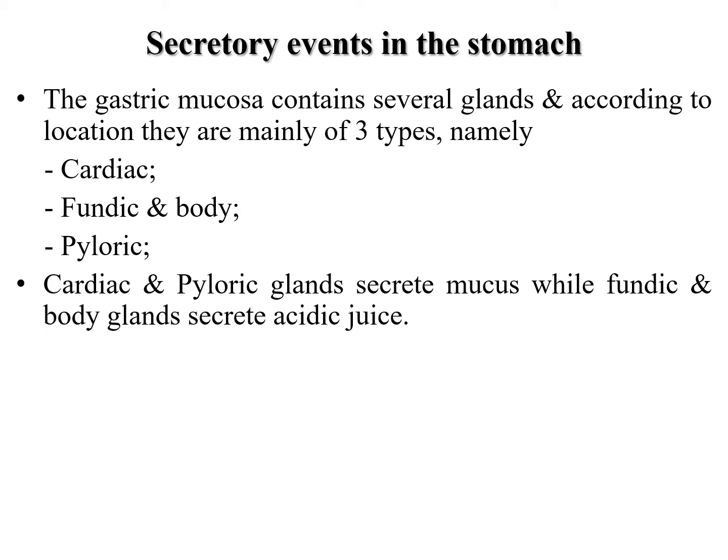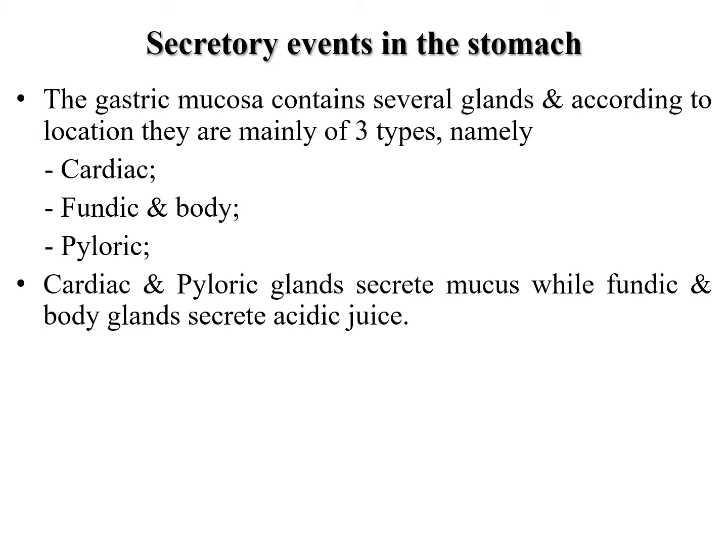While the fundic and the body glands are much more evolved, much larger and complex, and they secrete the acid peptic juice. So cardiac and pyloric glands are simple glands.